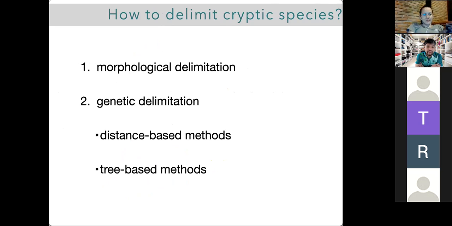We have two different ways of delimitation. We can do the good old morphology, and this is pretty equivalent to phenetics. Basically, instead of just saying giraffe is a long neck, you know what? Giraffe is more than that.